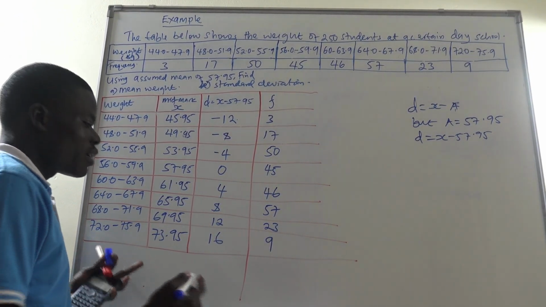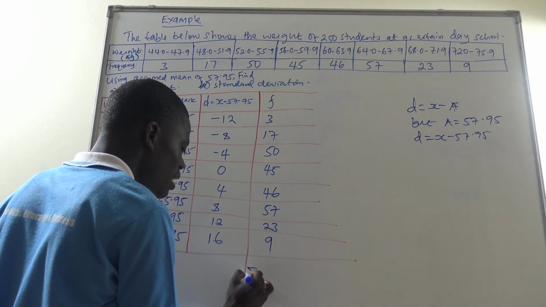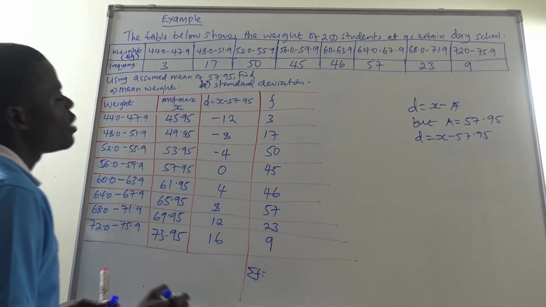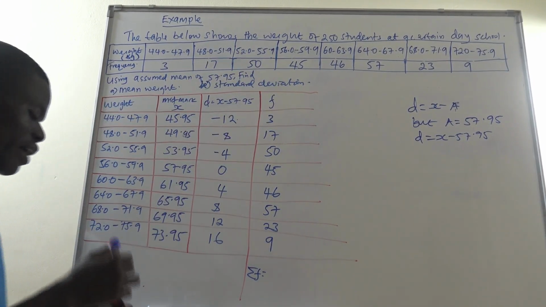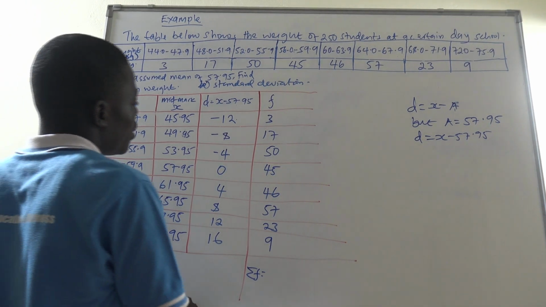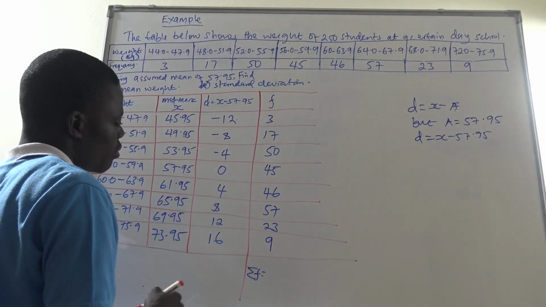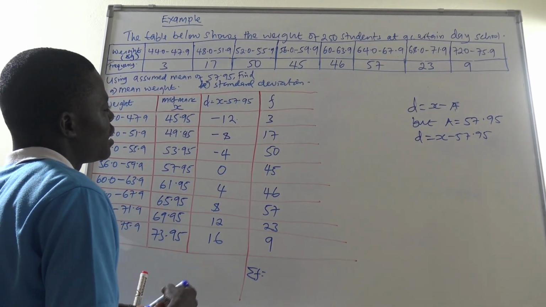When you finish the frequency, you come and get the summation of F. Summation of F means summing whatever is in the column for frequency. So what is in the column frequency?